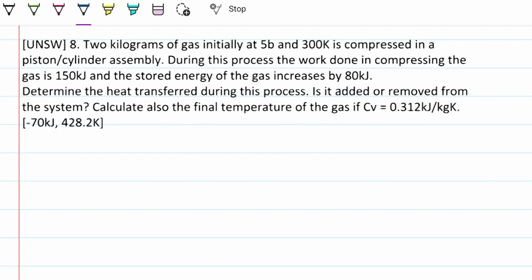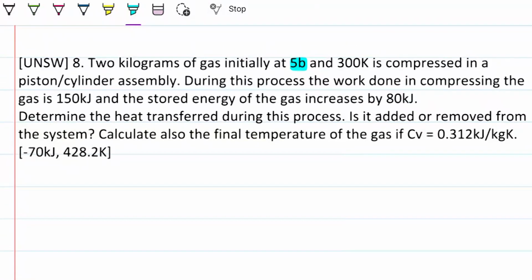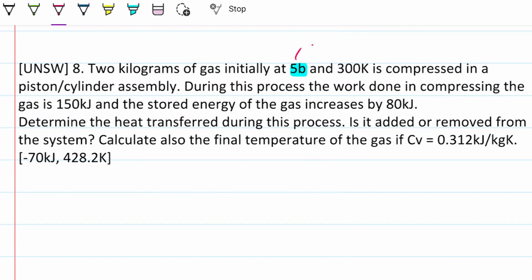So let's first do a quick analysis on what we have. 5 bar is the same thing as 500 kilopascals, right? 300 Kelvin, that's good. Whenever we're dealing with specific heats, we want to be sure that we're dealing with Kelvin. We have a piston cylinder device, so we expect it to be able to move and stay in equilibrium with the outside pressure during this process.